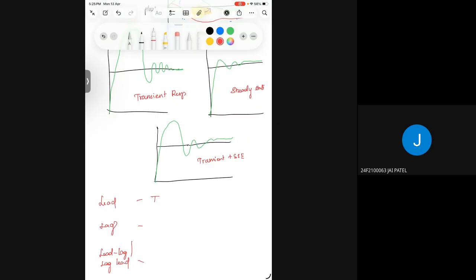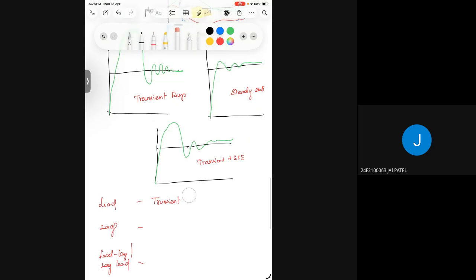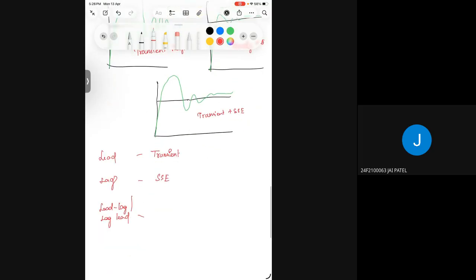This helps more towards your transient, less towards your steady state. A lag compensator concentrates more towards your steady state error.